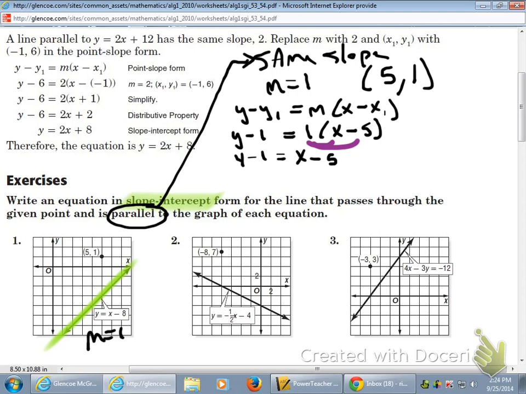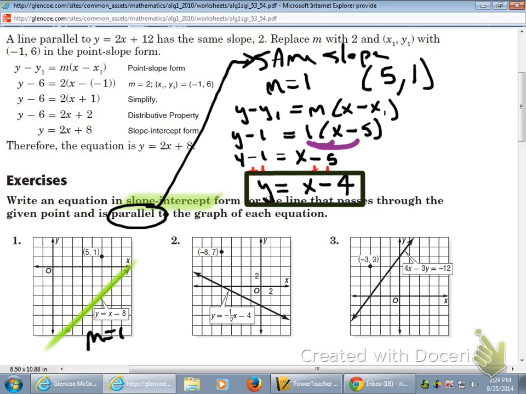And then I need to get rid of this negative 1, so I add 1 to both sides. And I'm left with y equals x minus 4. And if I did things correctly, that should be the equation that goes through the point 5, 1 and is parallel to that green line.